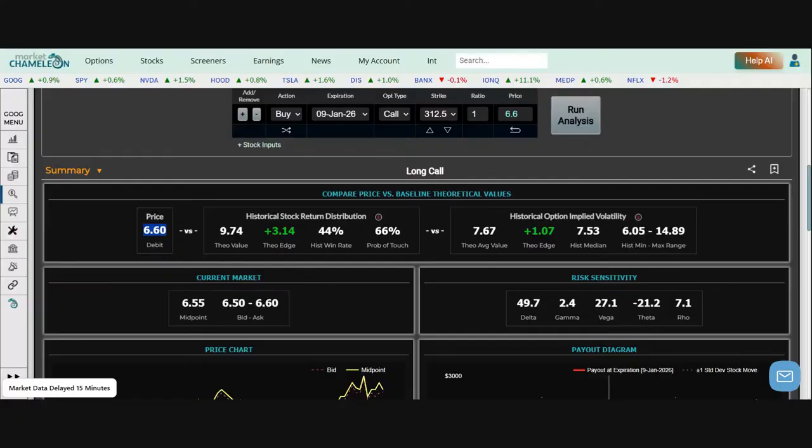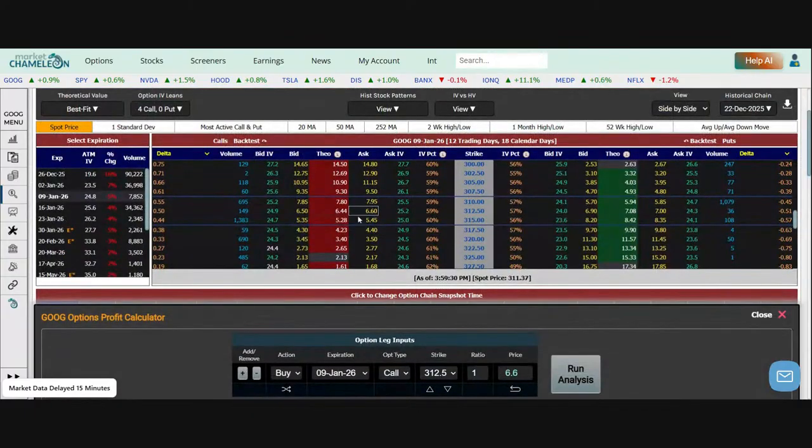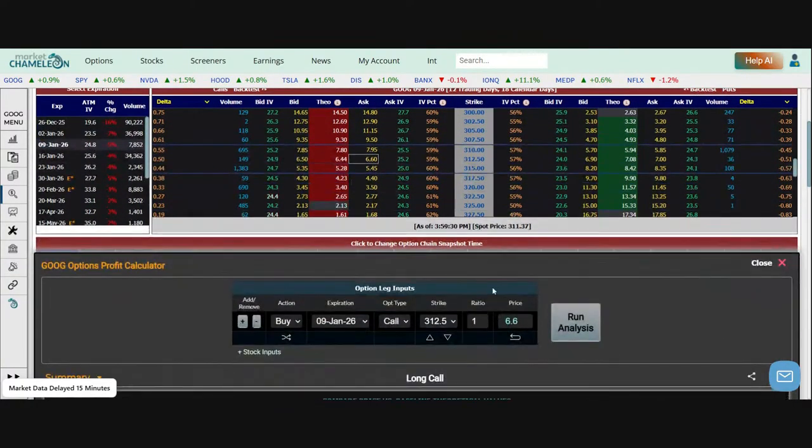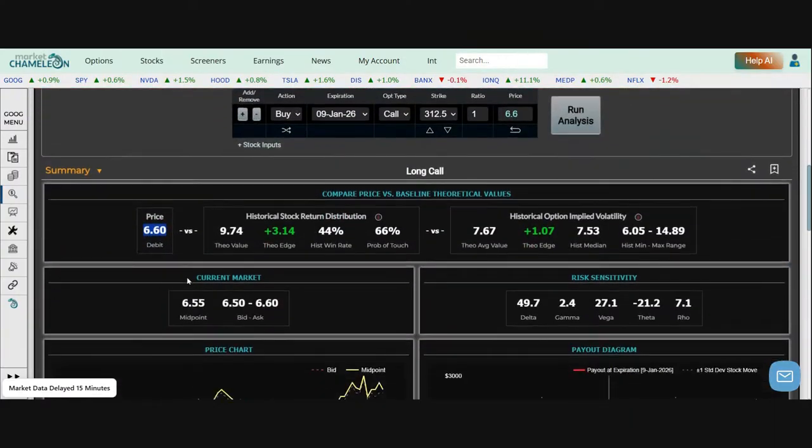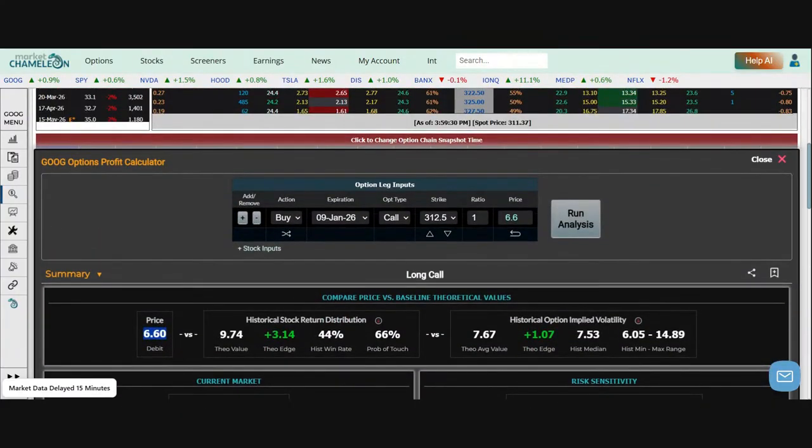So whatever the stock has to move, let's just say 0.5%, a fraction of a percent, it has to move up a fraction of a percent to go above 660. Well, over a 12-day period, how many times did that happen?